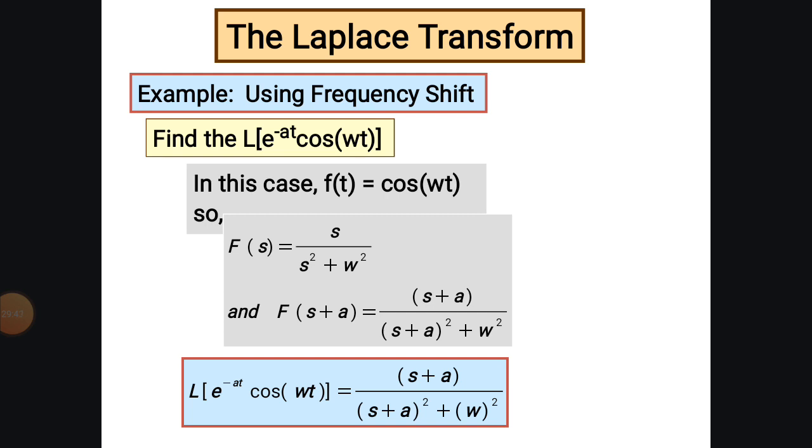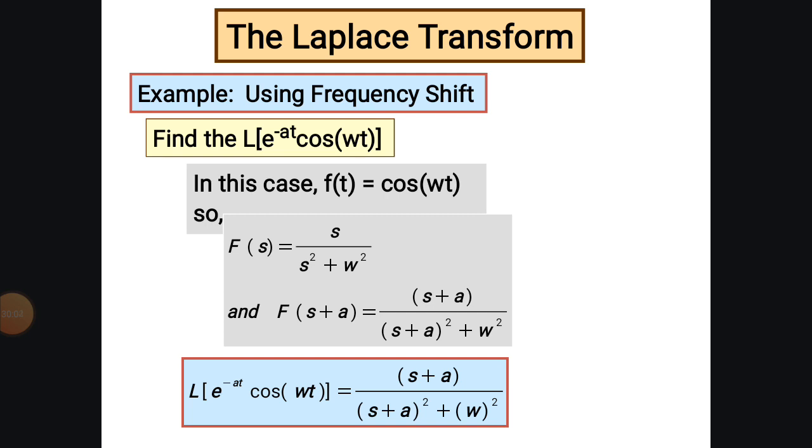And if we are using F of s plus a, then everywhere we change s to s plus a, giving s plus a upon (s plus a) square plus omega square.